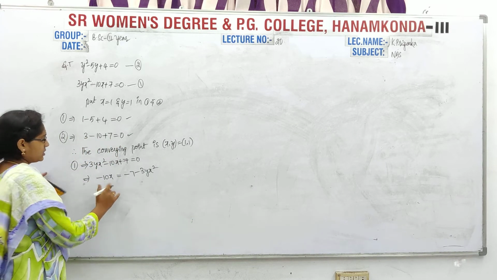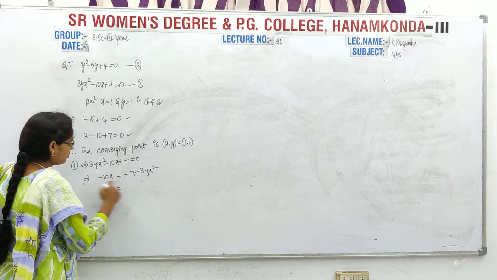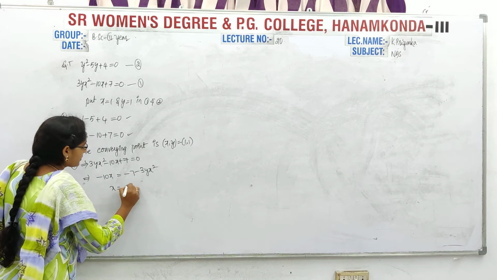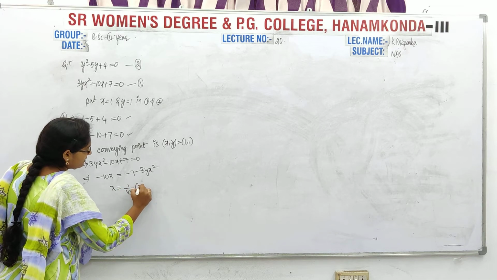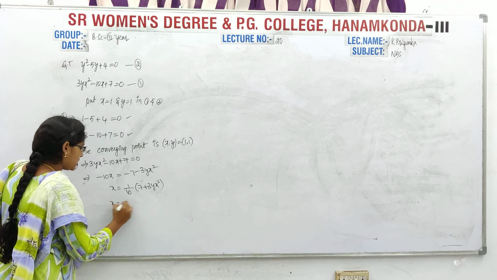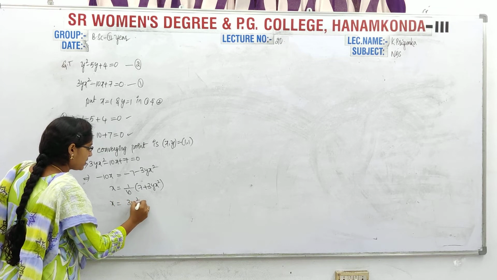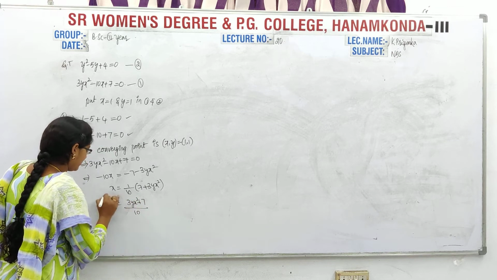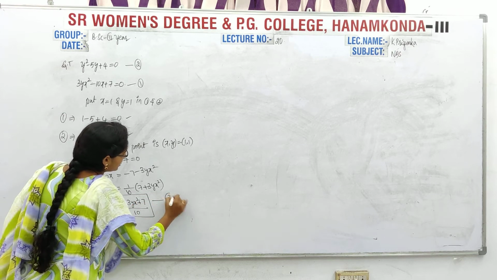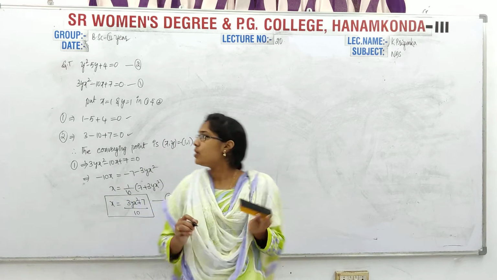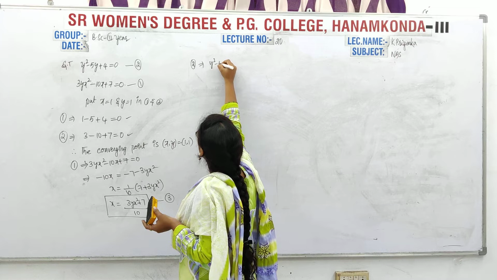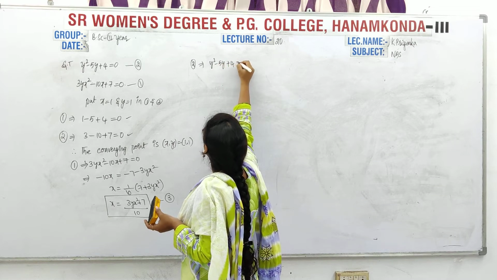Now here directly x will be. So now here x is equal to, the minus will be cancelled on both sides, then 1/10 of 7 plus 3yx square. Now x is equal to (3yx square plus 7)/10. This is the value of x and I am taking it as equation number 3. Now from 2, what we get? y square minus 5y plus 4 equal to 0.